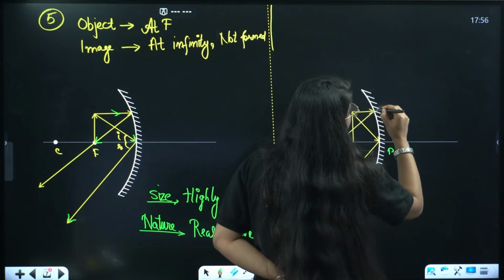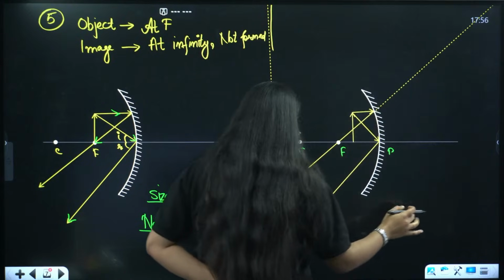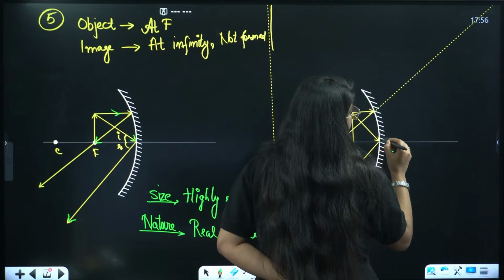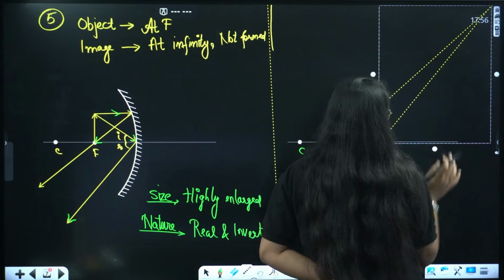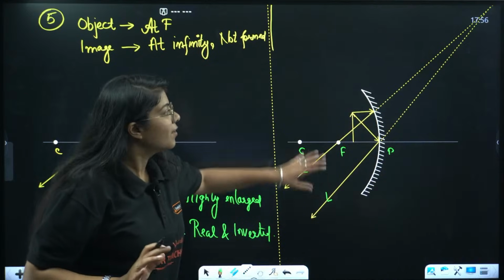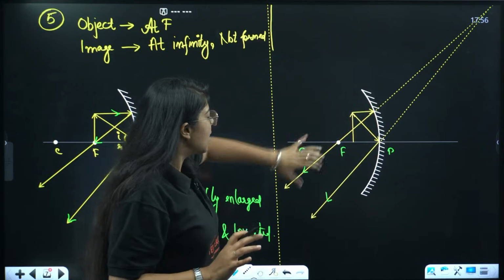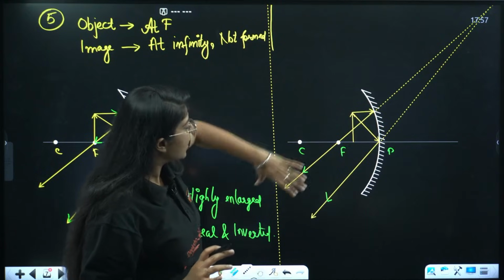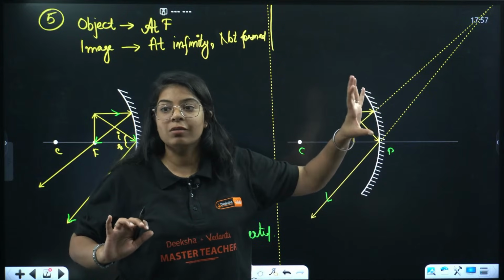What you have to do, you have to extend this backwards. Take it very, very far, however far you can. If we extend these two rays backward, we see that they are meeting behind. We can clearly see that if they are going away in this direction, they will be going towards each other in another direction, in another universe, right?